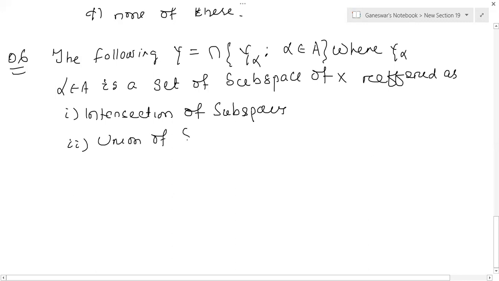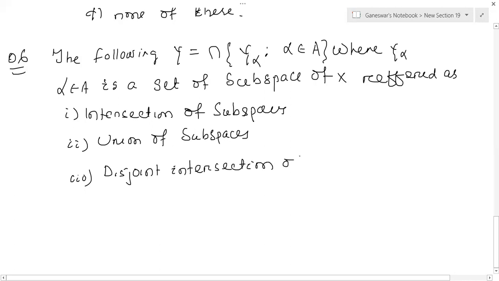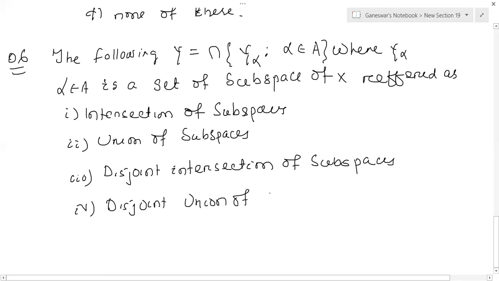Third option: disjoint intersection of subspaces. And fourth option: disjoint union of subspaces.